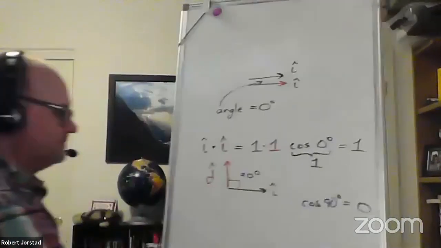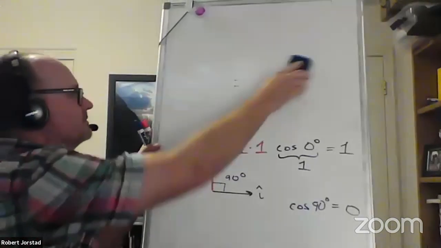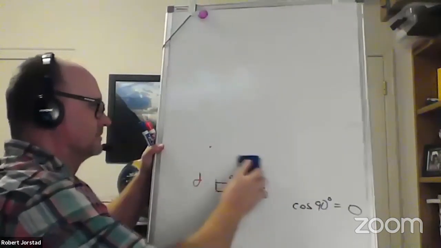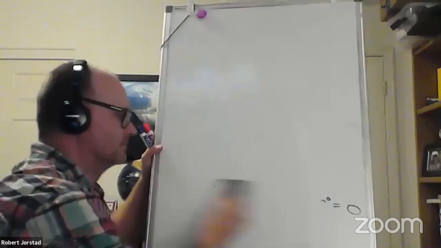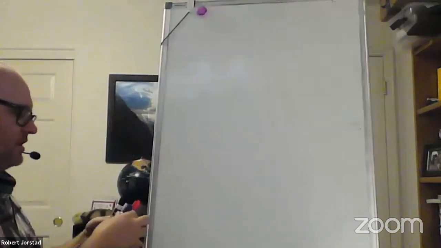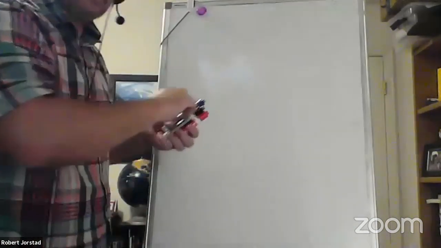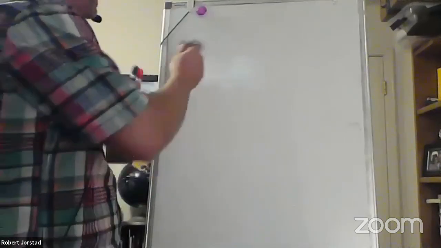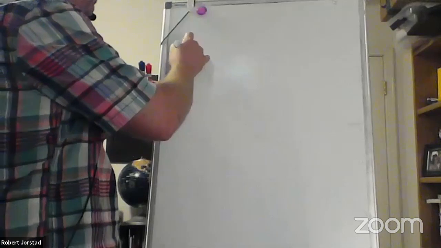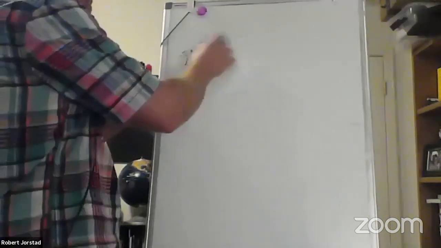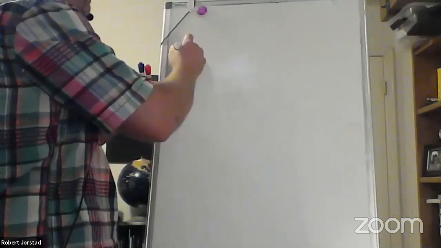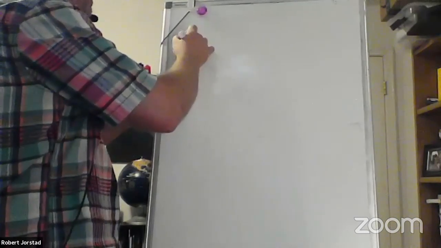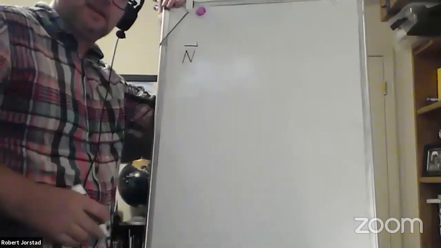All right, so let's say we have a vector n for some reason. I haven't used the letter n today. So n is a vector.